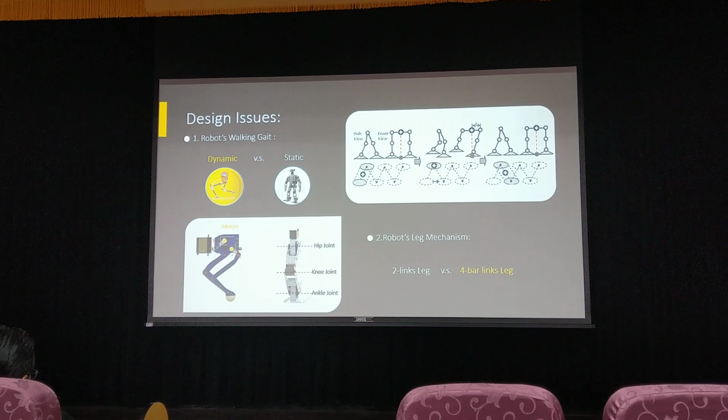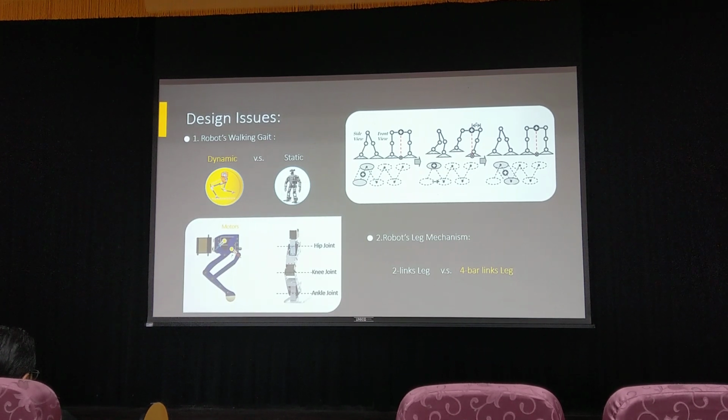The good part of this is it's quite easy to design, just put the motors in the joints and connect the links. But the disadvantage is that the motors are the heaviest part of the robot, and if they are placed far from each other, you will have much higher momentum and it will be harder to rotate or swing.